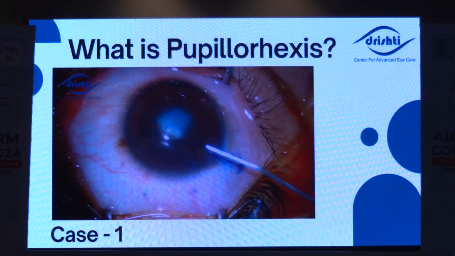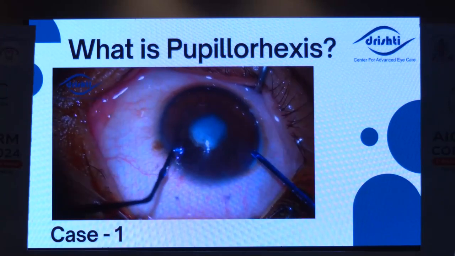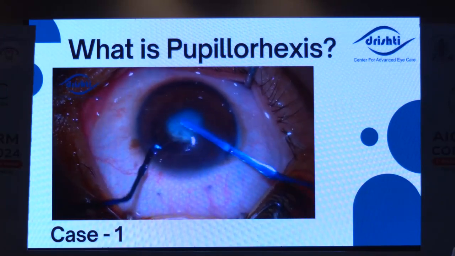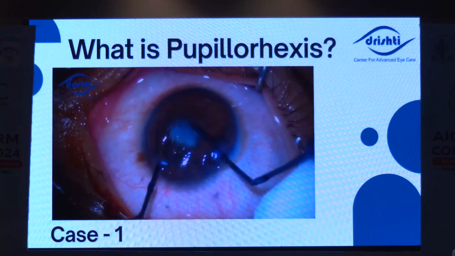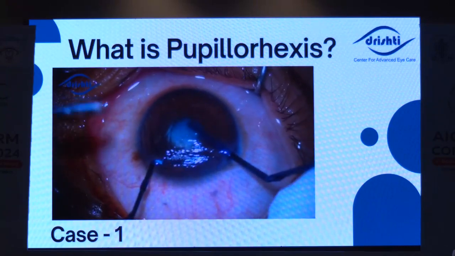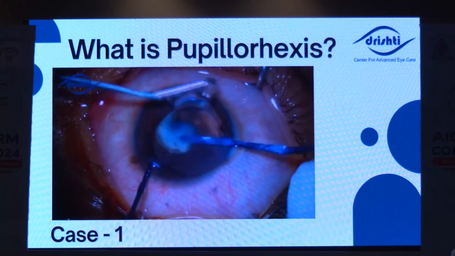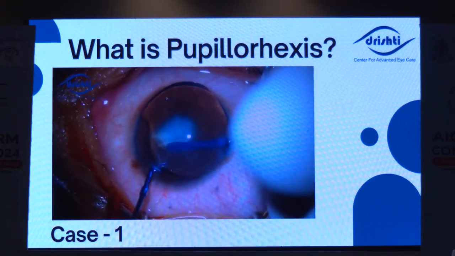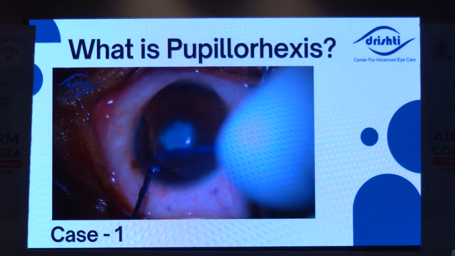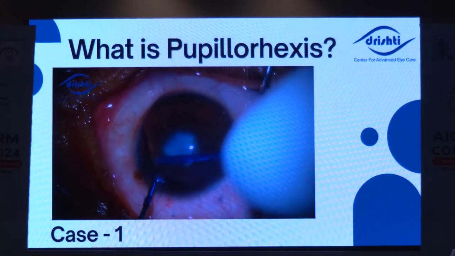So the key is creating a window between the membrane and the anterior capsule. You can see I'm making a window between the iris and the anterior capsule with the help of a repositor. And once this window is created, you can separate the diaphragm.